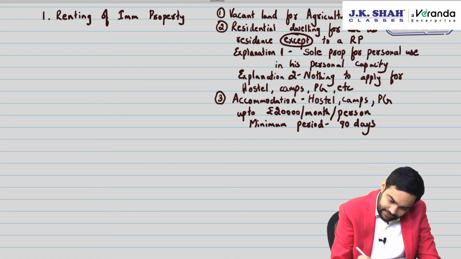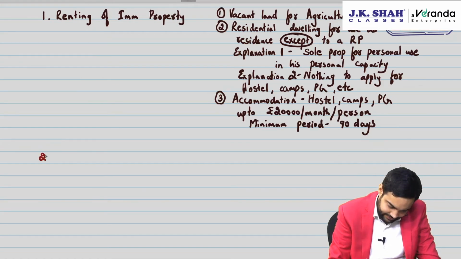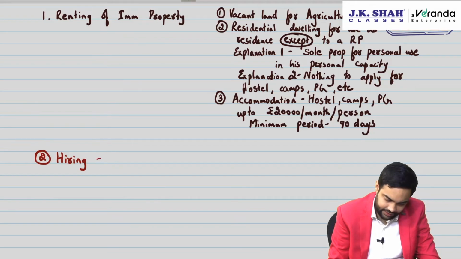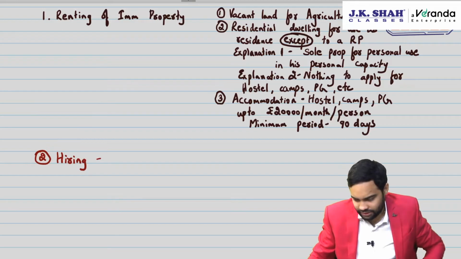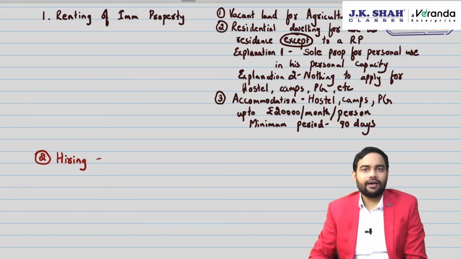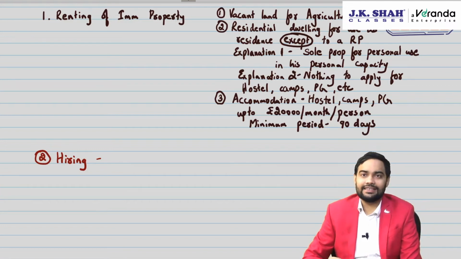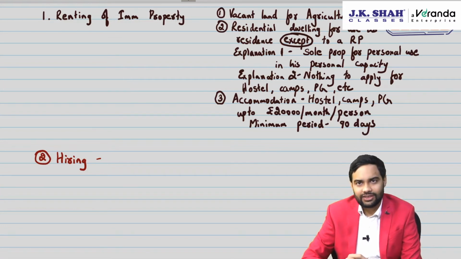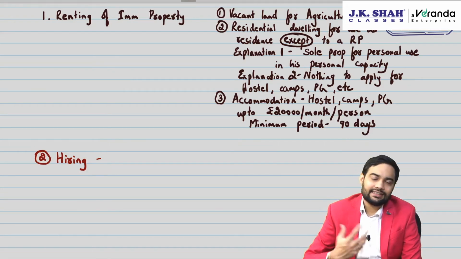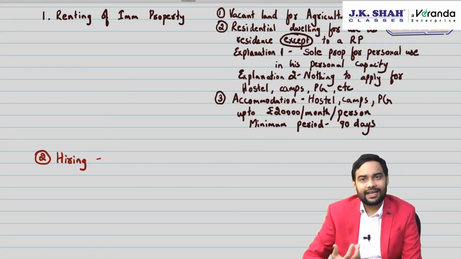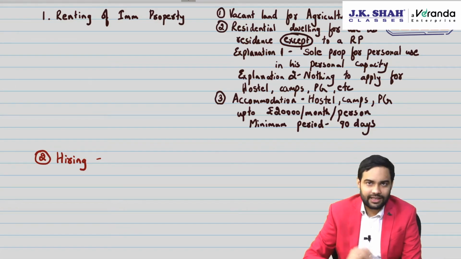Then the second sector is hiring of a means of transport. Now hiring, there are 4 exemptions totally. First one, a means of transportation of goods given to a GTA, that is a truck given to GTA. Then a motor vehicle designed to carry more than 12 passengers given to a state transport undertaking.